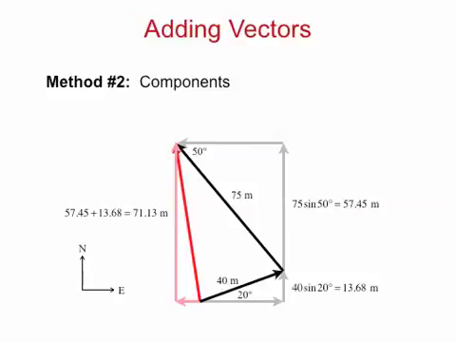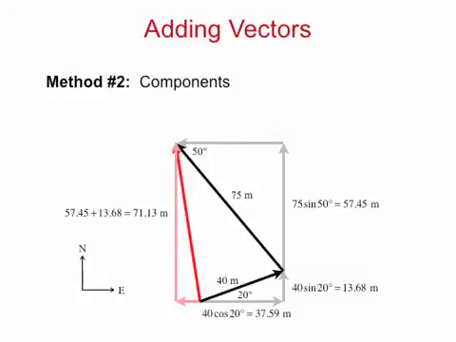Now let's move on to the horizontal components, starting with the 40-meter vector. This component is the side adjacent to the 20-degree angle. We know that adjacent over hypotenuse is cosine, so the length of this side is 40 cosine 20, which equals 37.59 meters.